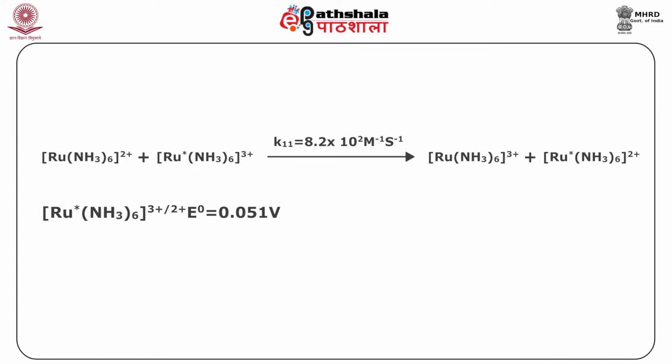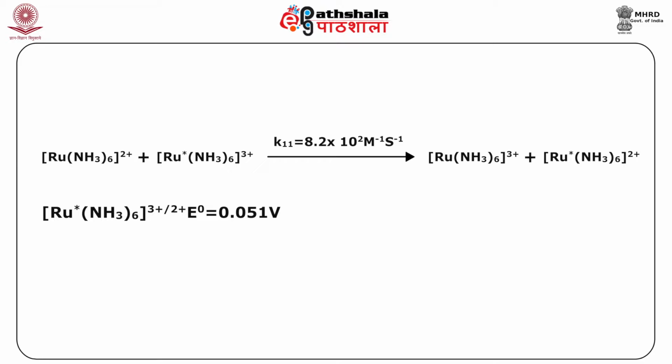The representative example of a self-exchange reaction is ruthenium. The ruthenium complex Ru(NH3)6, that is hexaammine ruthenium in the +2 oxidation state, and its ruthenium isotope Ru* (NH3)6 3+. Again I am saying that these systems are basically the same, except one ruthenium is in the +2 oxidation state and the other ruthenium is in the +3 oxidation state.